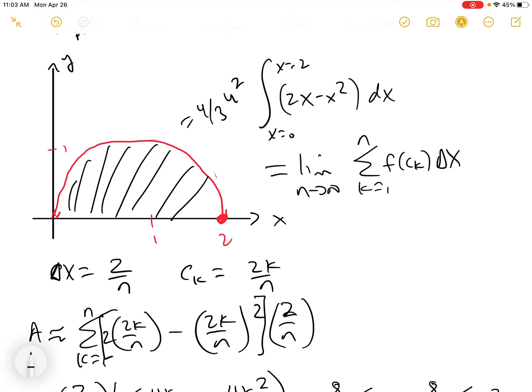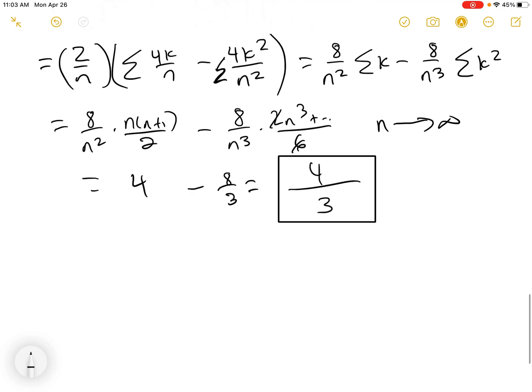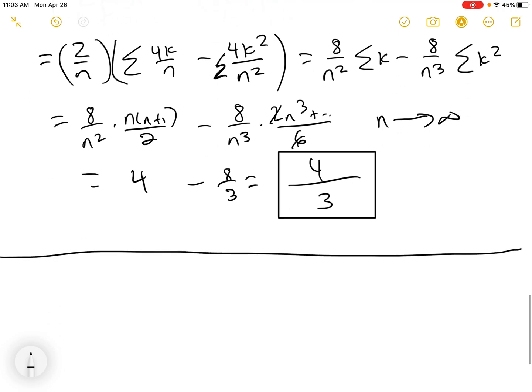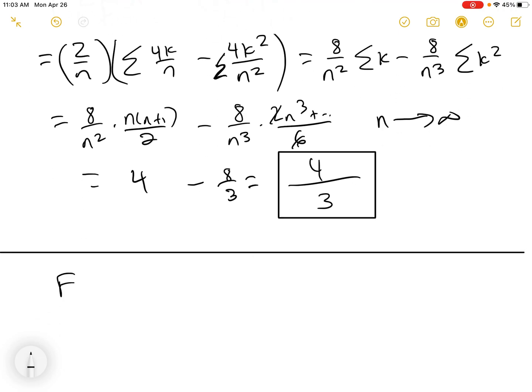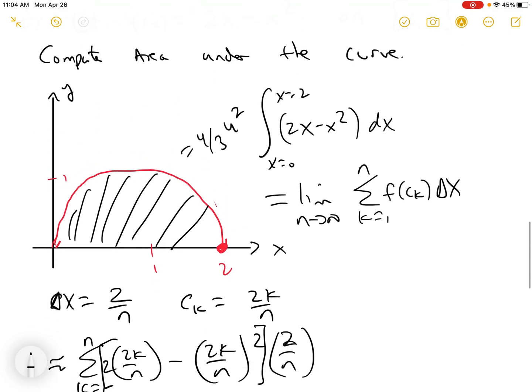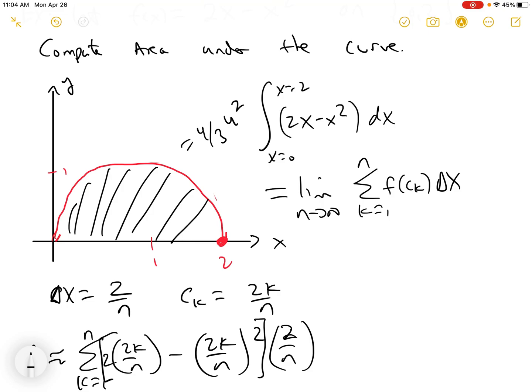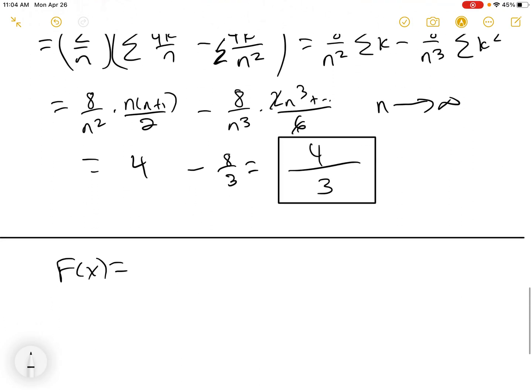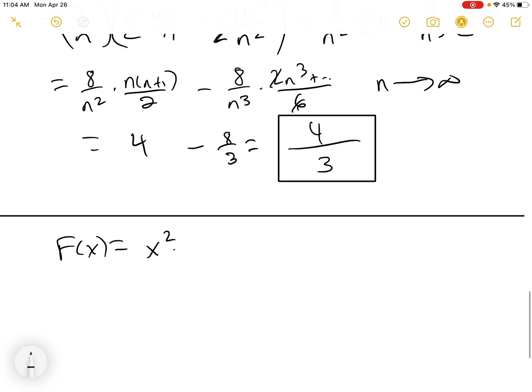Okay. Let's find an antiderivative for f. So an antiderivative for f is going to be what? x squared minus x cubed over 3 plus a c.